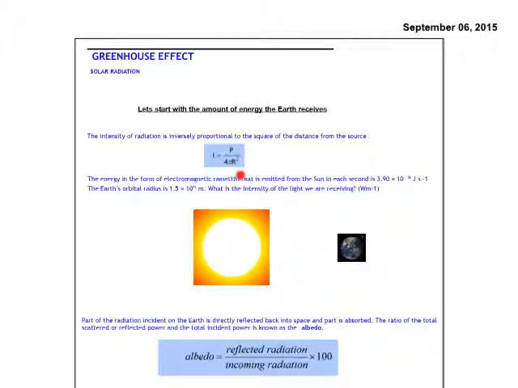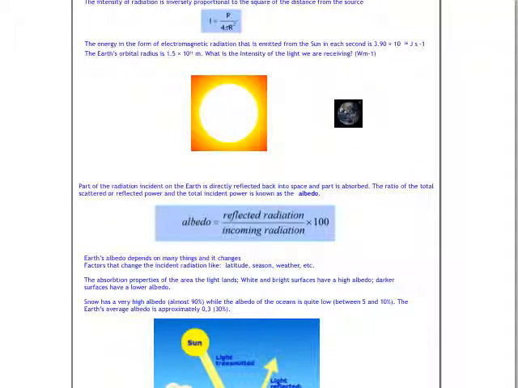If we plug in the values of 1.5 times 10 to the 11 as the radius, and for power, 3.9 times 10 to the 26, then you can work out the solar constant easily. Now, as we mentioned before, the solar constant is only part of the story.